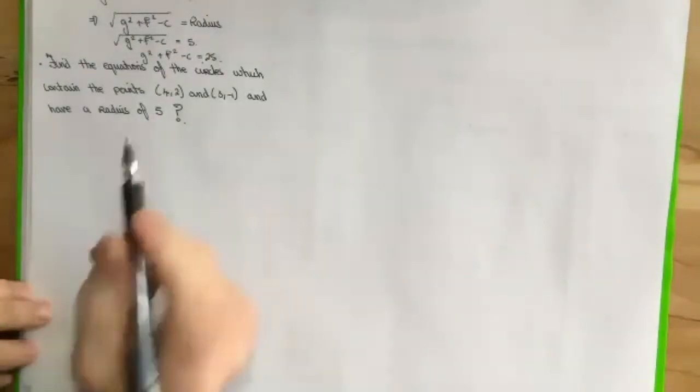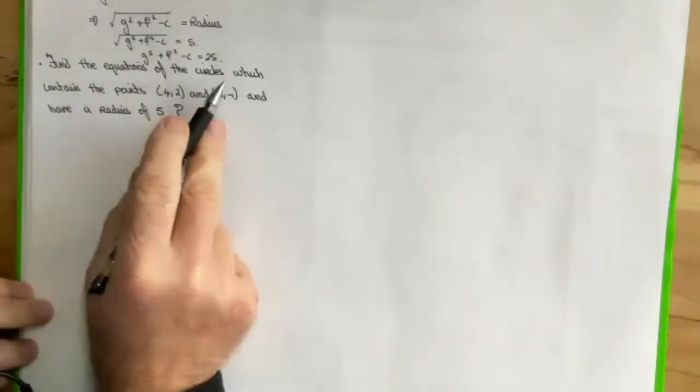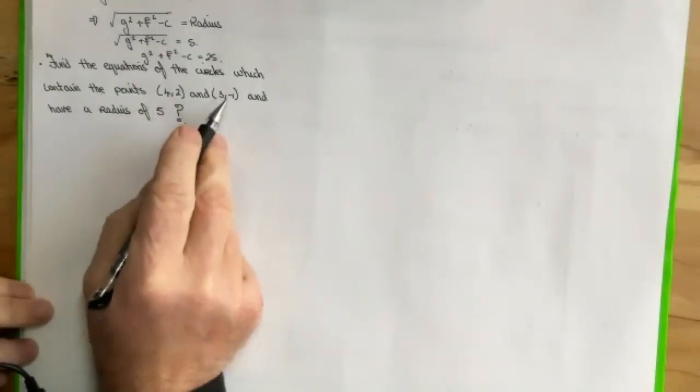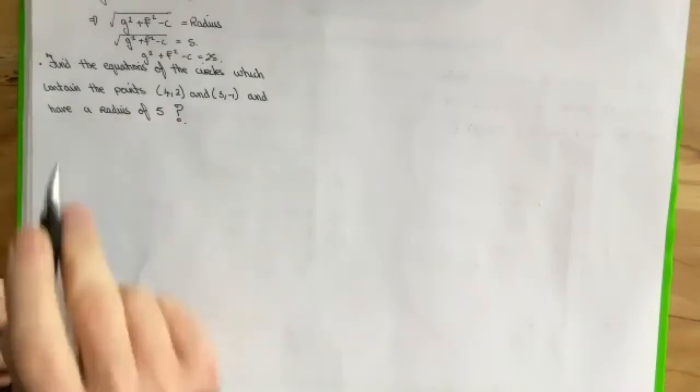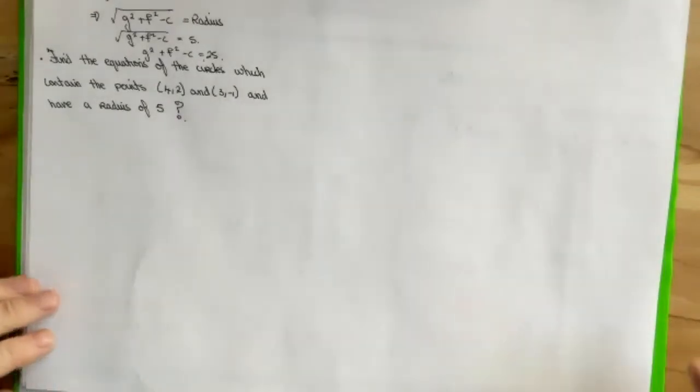So I'll do an example. Find the equations of the circles that contain the points (4, 2) and (3, -1), and have a radius of 5. So a little diagram to show you what's happening.